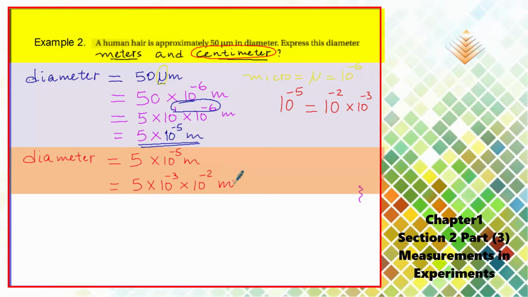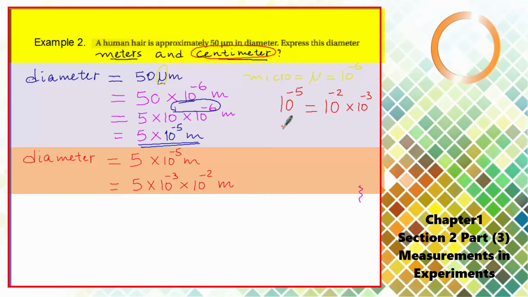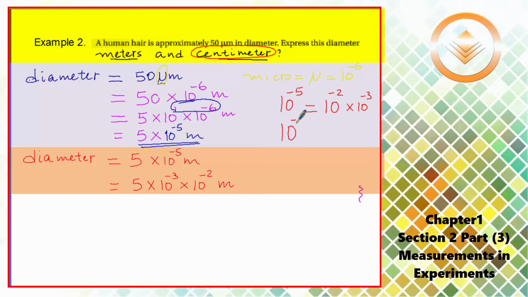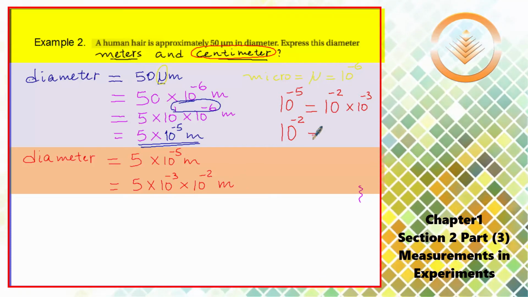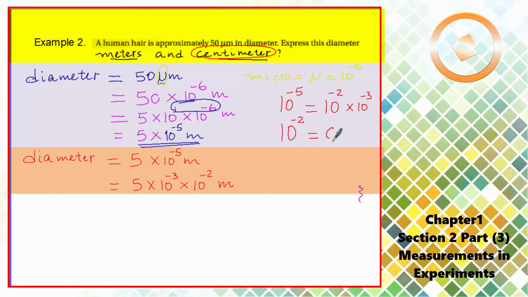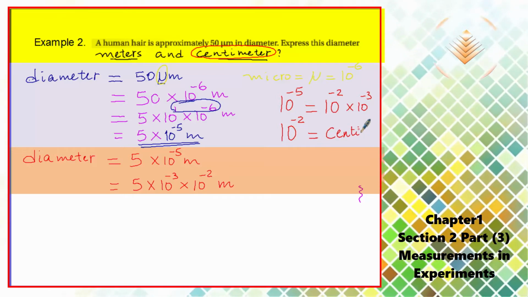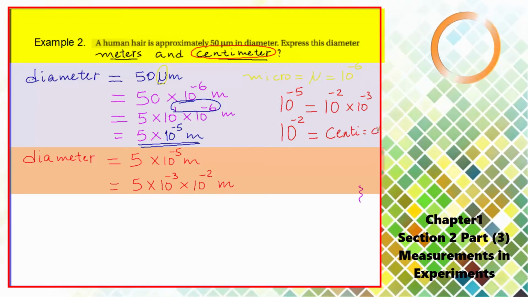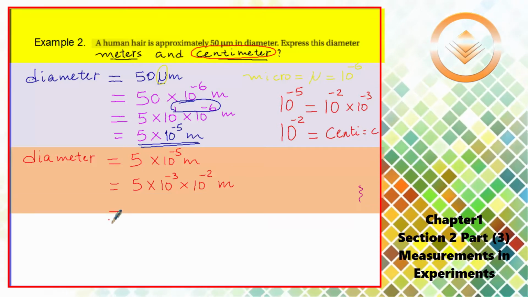Now we know from the prefixes that 10 to the power of negative 2 can be written using the prefix centi, which is c.